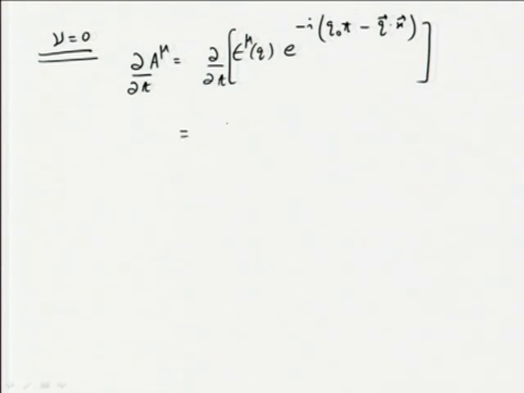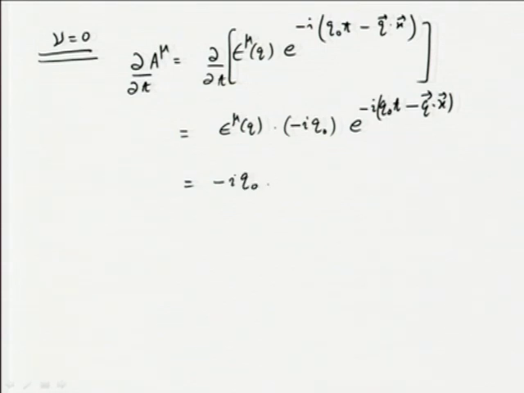When I take the derivative, ε^μ(q) is independent of t and comes out, and the derivative acting on the exponential gives minus i q_0 e^(-i q_0 t), while other things remain the same. So this is essentially equal to -i q_0 A^μ.